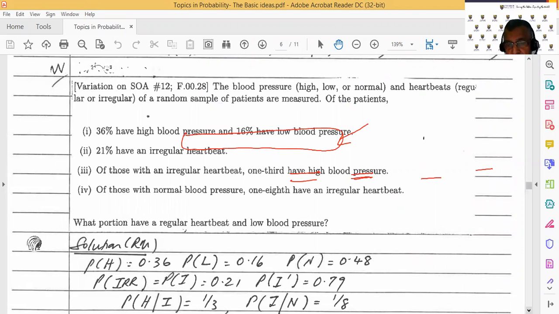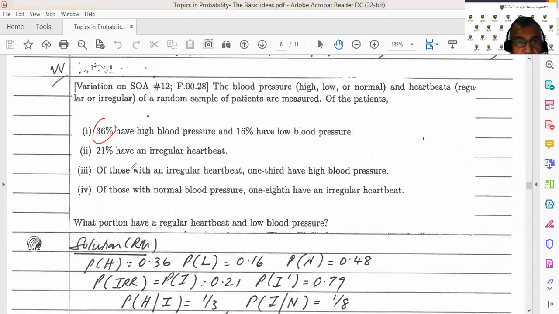Of a random sample of patients, things are measured, and they give you some data. 36% have high blood pressure and 16% have low blood pressure. 21% have an irregular heartbeat. Keep these numbers in mind.